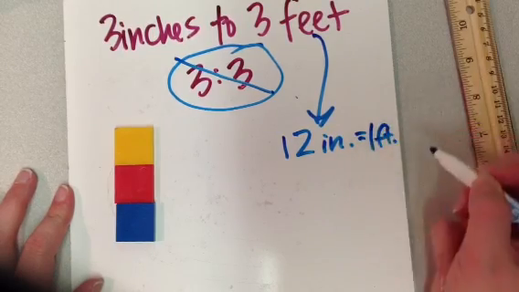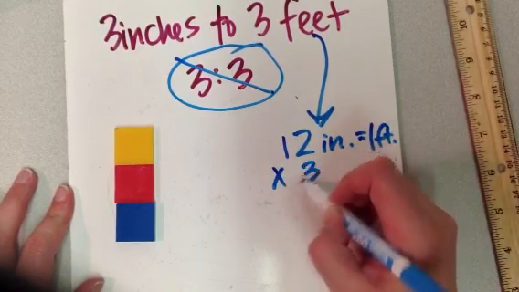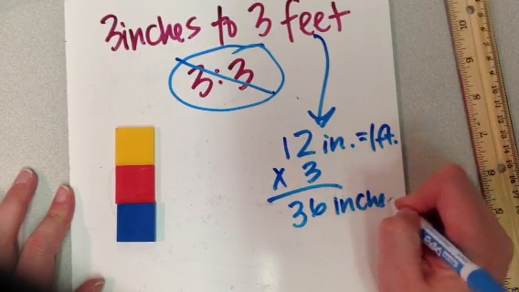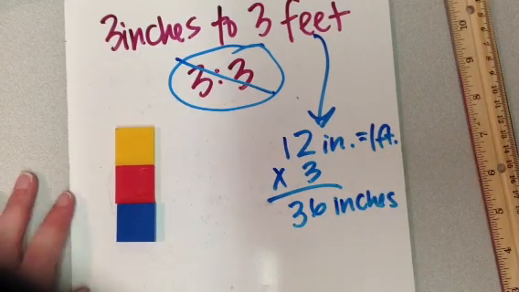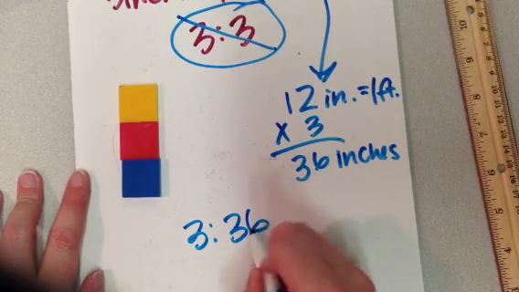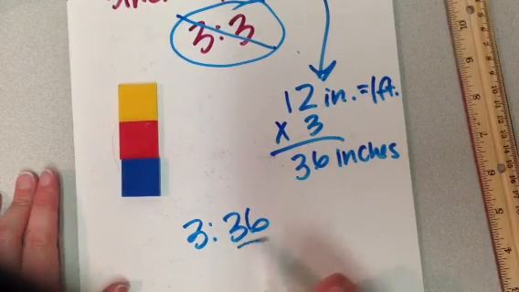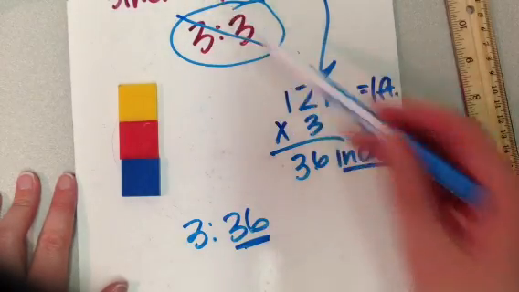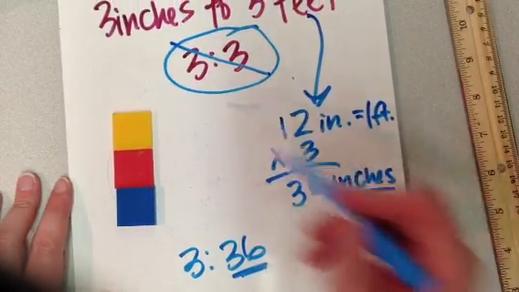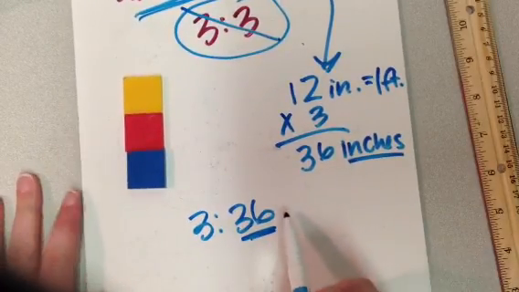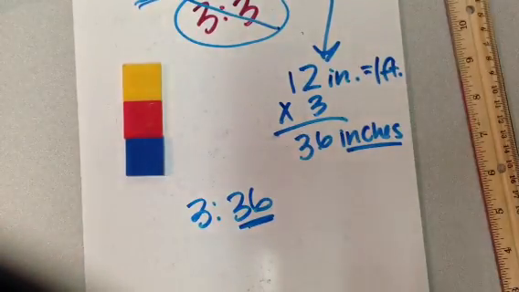So I'm going to do 12 times 3, which will tell me 36 inches. So if I was going to write my new ratio, it would be 3 to 36. So I've converted this guy to be in inches. They have the same common term of inches now. I can compare them accurately, and my ratio is 3 to 36.